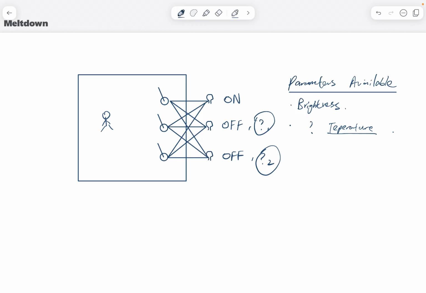This is the key to solve the problem. So what you're going to do is turn on one light bulb, which is this one, and this is going to be the only light bulb that is on after going outside of the room.